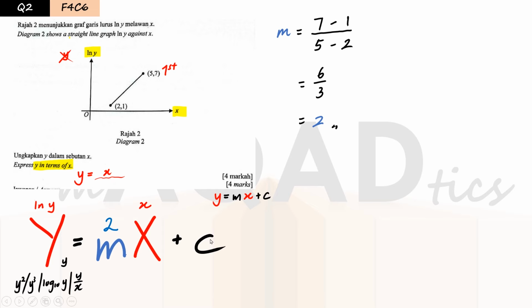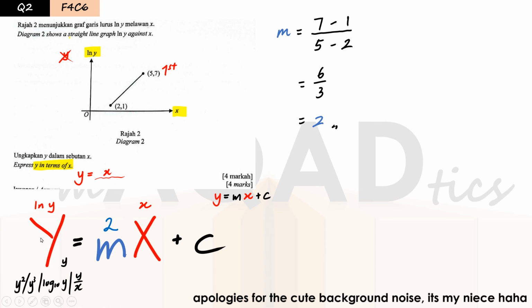So how about C? Alright, since we have the gradient already, and we have the coordinates of the points here, why don't we use one of them and substitute inside here? Okay, because technically this 2 is actually x, right? The x coordinate, and 1 we can substitute into y because it's the y coordinate, right?